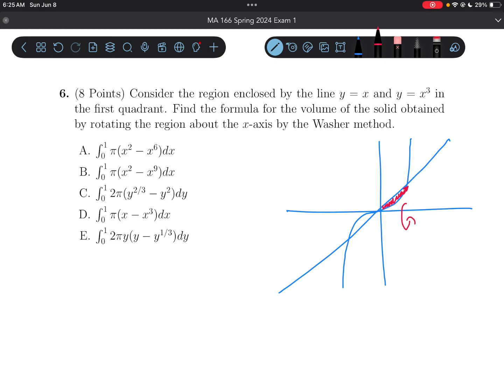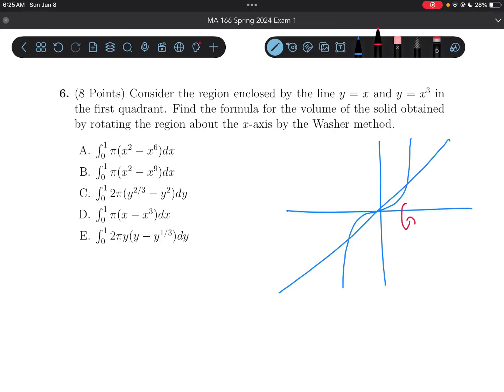Okay, so now what we have to consider is what is the washer method. The washer method basically states that we can think of our 3D solid as the sum of the areas of multiple disks.